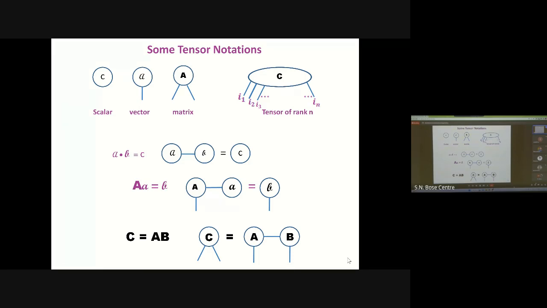If you have a tensor of rank n, like the coefficient of sigma 1, sigma 2 to sigma n, then you have n legs, and when you take an inner product of two, you are just summing over one of the legs, A dot B. When you multiply a matrix into a vector, you are summing over one index, so you get only one leg back. And when you multiply two matrices, you trace over one of the common legs, and you get two legs back. So this is how we will usually do it.